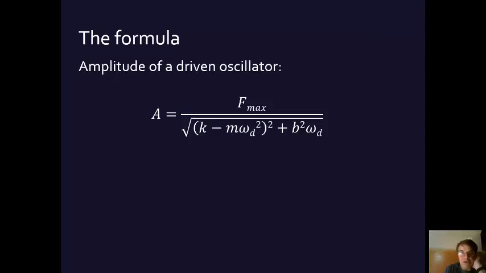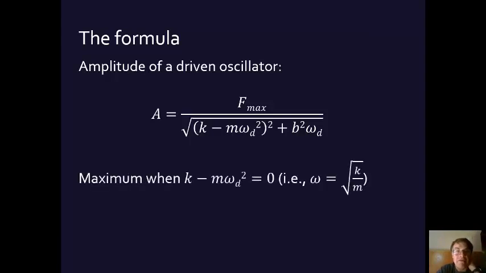F max is the external force that we're applying. k is the constant of the oscillator, spring constant or whatever. m is the mass. Omega d is the driving frequency that we're applying to it. b is the damping constant. Those are all the players that we've seen in the previous video and this one.